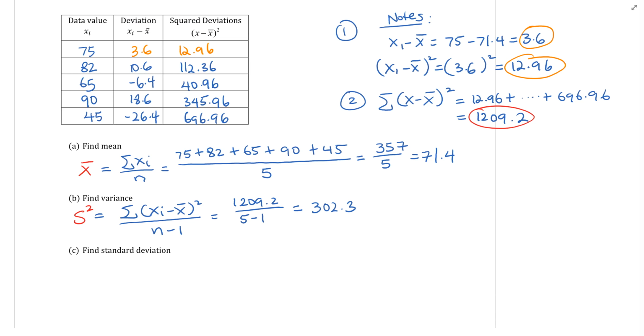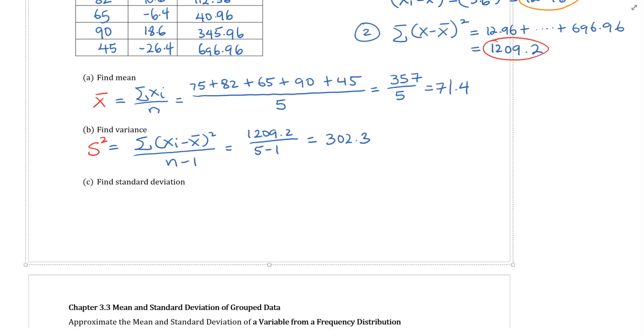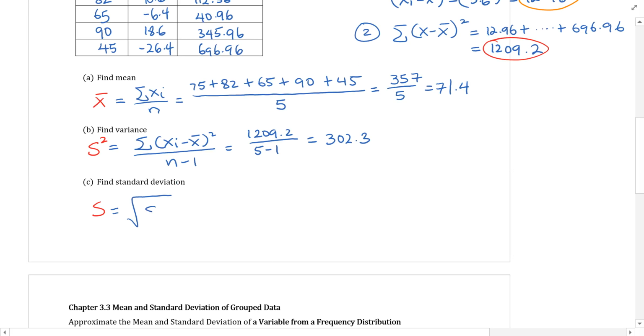Now let's calculate the standard deviation. The standard deviation notation is s, the sample standard deviation, and that is equal to the square root of s squared. We already calculated the variance, so all we have to do is take the square root. Again, just a reminder, the formula says summation of xi minus x bar squared over n minus 1, exactly the same as the expression here without the square root.